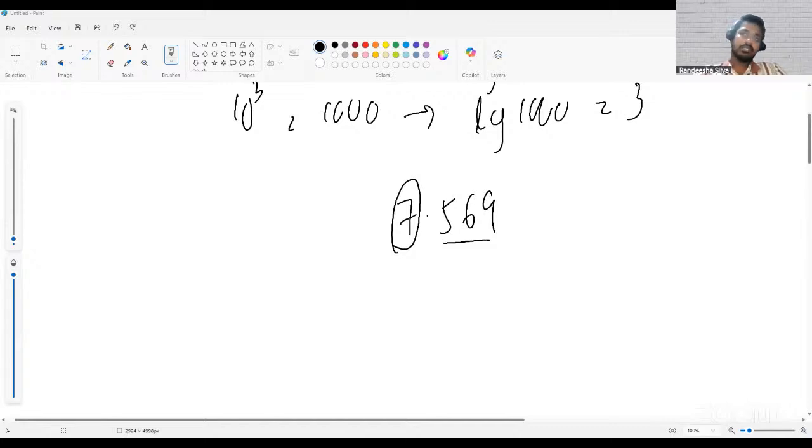Four digits means we have four digits here. You can see the board, one, two, three, four. But only three decimal places. Decimal means after the decimal point. The number lies between 1 and 10.